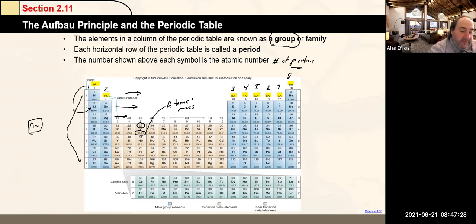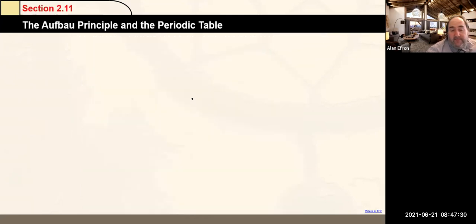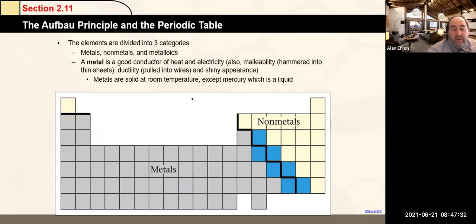Now, when we look at the periodic table, it is broken up into a few different regions. There are metals, non-metals, and what are sometimes referred to as semi-metals, or metalloids. On most periodic tables, you can find what is sometimes referred to as a staircase. Usually it's right around here where boron's hanging out, and we go down like a staircase, working our way down.